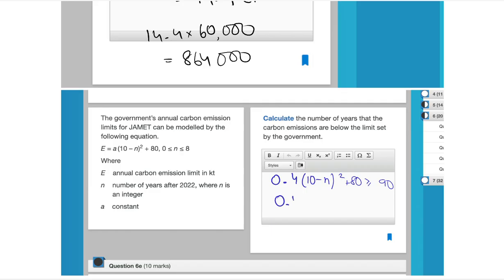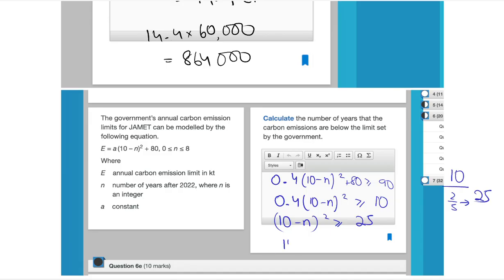So this gives me 0.4 into (10 minus n) whole square is less than or equal to 10, because 80 goes to the other side of the equation. This becomes positive 10. Then we have (10 minus n) whole square is less than or equal to 10 divided by 0.4. 10 divided by 0.4 can also be written as 100 over 4. So this becomes 25, right?